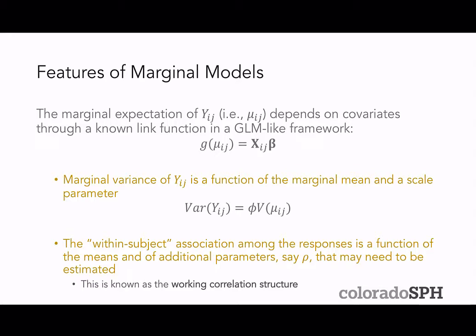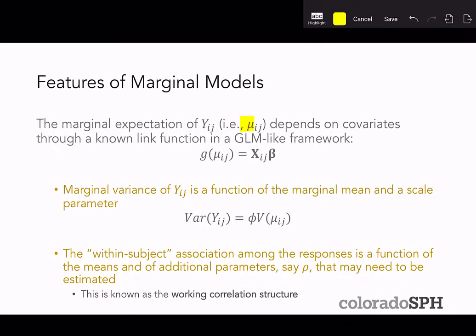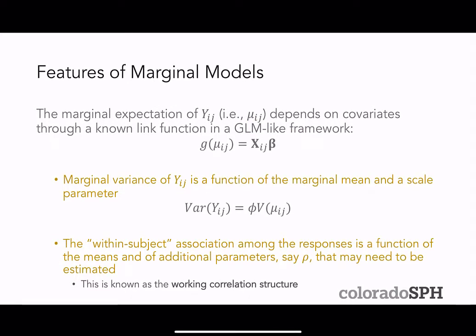So in marginal models, we equate the marginal expectation of the response. This expectation is called mu, which depends on the covariates through a known link function in a GLM-like framework.